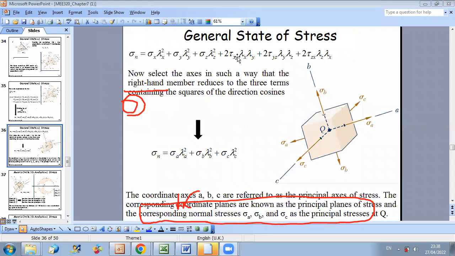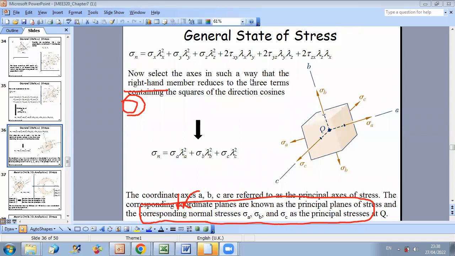So we can select the axes in a way that the right-hand member will reduce to the 3 terms containing only the squares of direction cosines. So if you can select x, y, z in a way that the shear stresses are 0, we know that axes for which shear stresses are 0 are the principal axes.